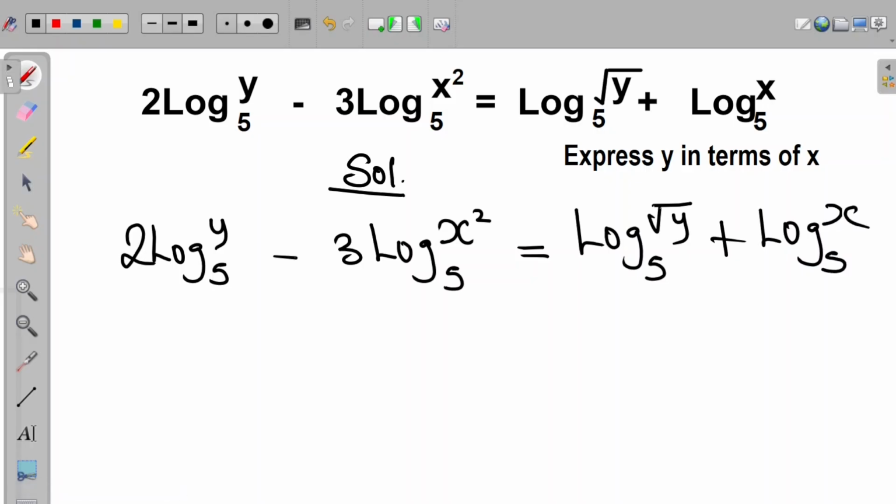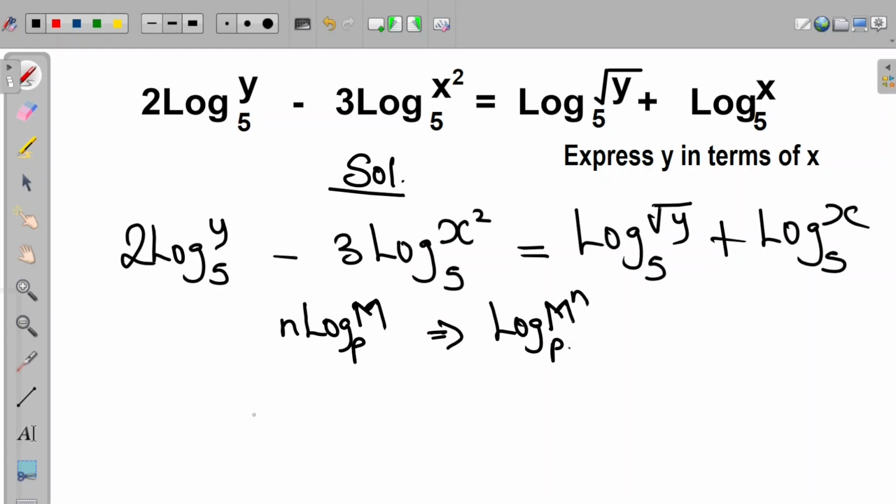Now at this point, recall that from our laws of logarithm, if I have n multiplied by log m to base p, this can be expressed as log m raised to the power of n to base p.